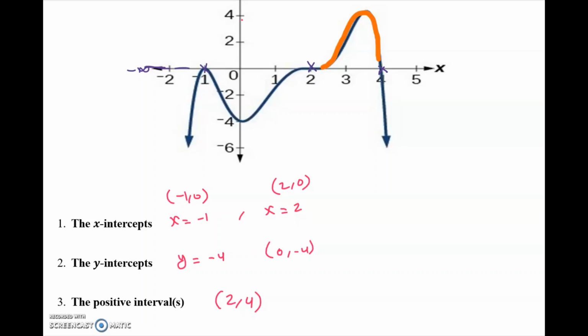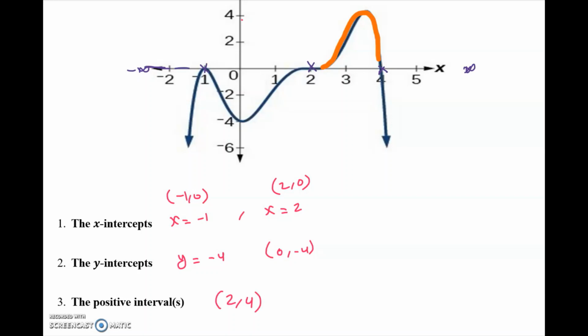Because we are talking about the negative infinity, we're going to look at the x-axis. So it's going to be from negative infinity all the way to negative 1, then from negative 1 to 2, then 4 all the way to positive infinity, because the function, yes, it was decreasing when it comes to y, however, the x values were increasing. So it is going all the way to positive infinity.